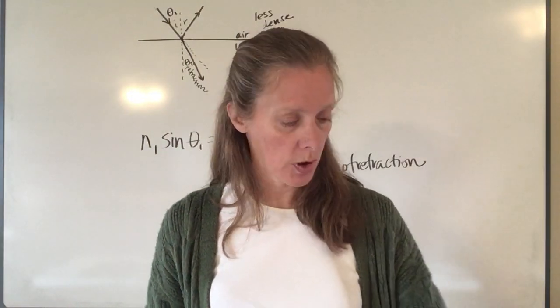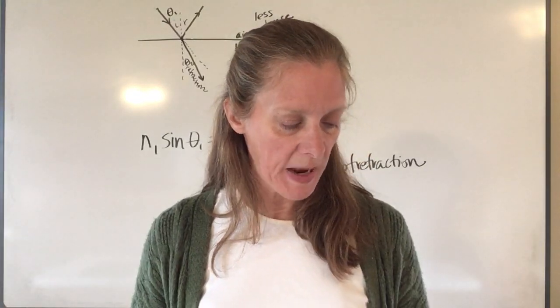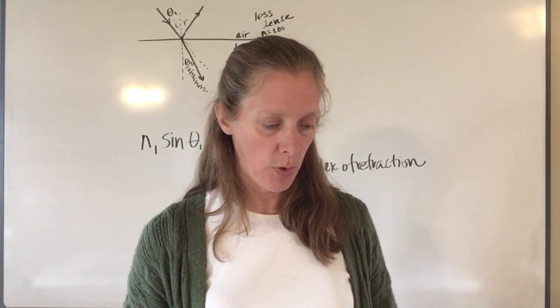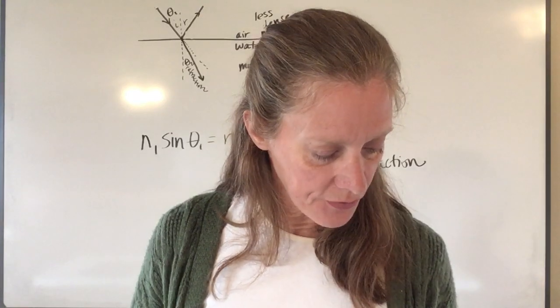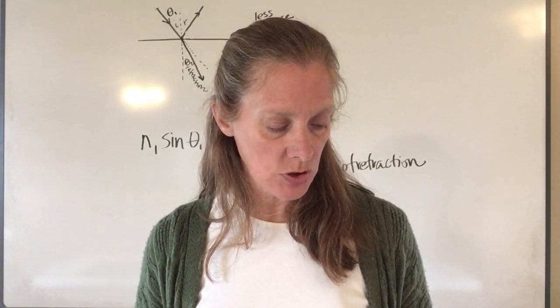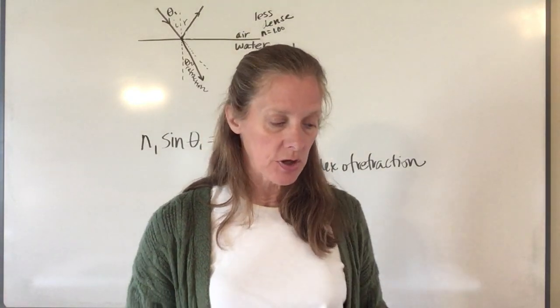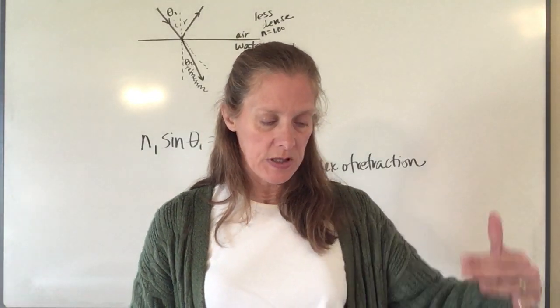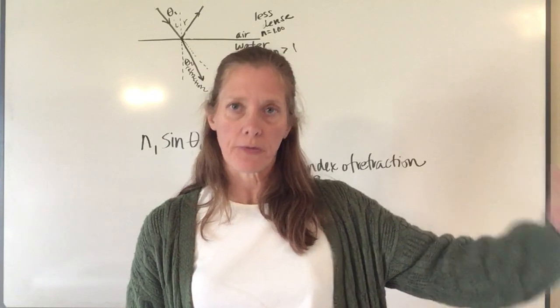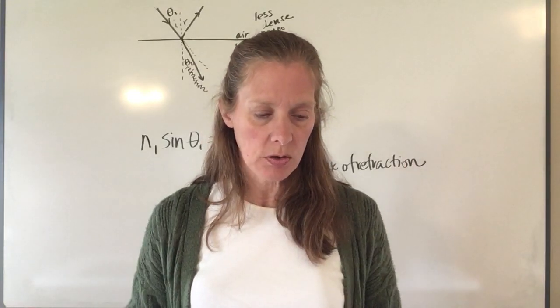Example 12.4 says a light beam shines on a pane of glass with n equal to 1.5. If the angle of incidence is 34.5 degrees, what is the angle of refraction? So in the diagram there you can see that the light ray is going from air into glass.